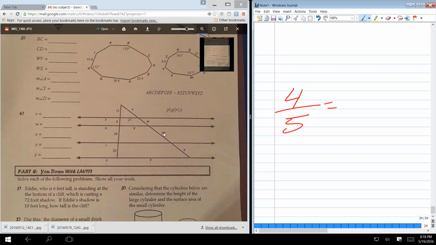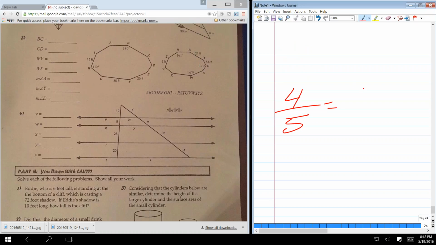So how do I get W? So we would do 4 over 5 is equal to W over 35, or 35 over W, my bad. No, that's not right. Let me go back and change that, because it's confusing once I simplified the fraction.